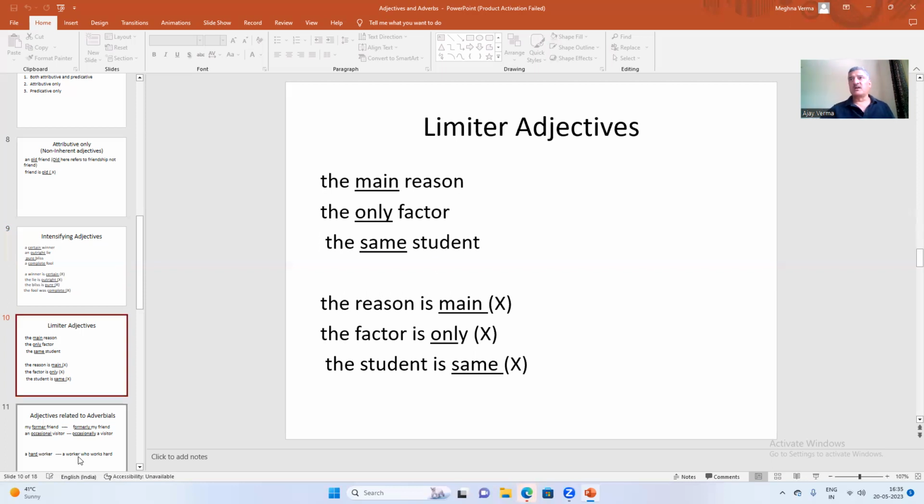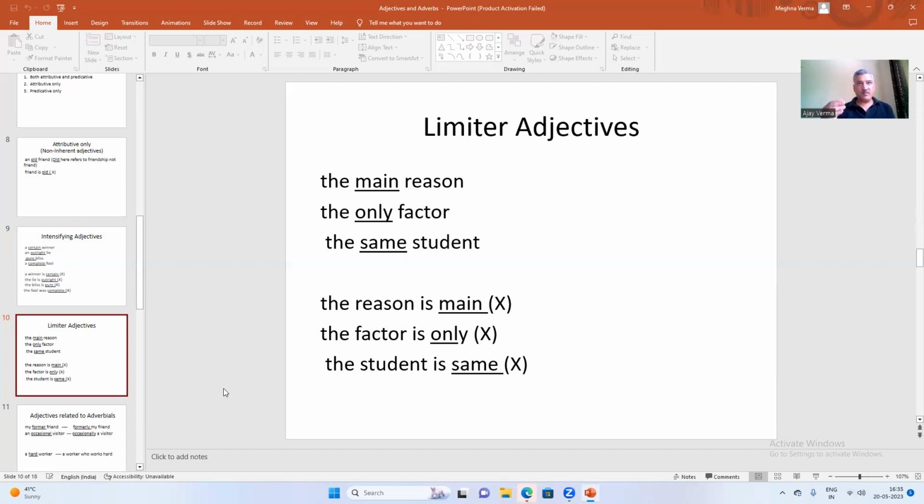The term limiter refers to their restrictive meaning. For instance, if you look at the three adjectives we have cited as examples, it becomes quite clear to you that they restrict the meaning. The main reason, मुख्य कारण, if we translate it in Hindi.